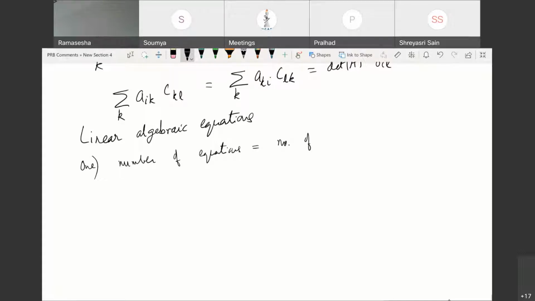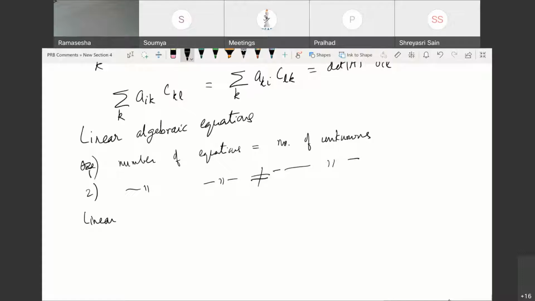And two, number of equations not equal to number of unknowns. Okay, so these are the two cases. Let me consider case one, where the number of equations equals the number of unknowns.